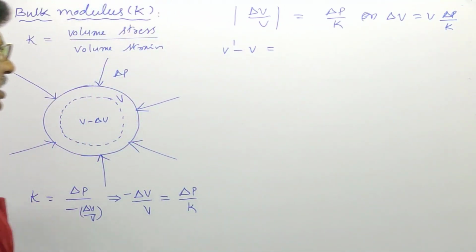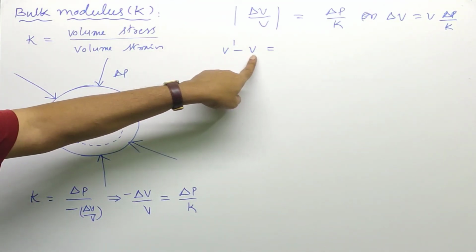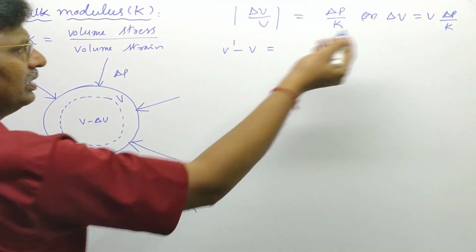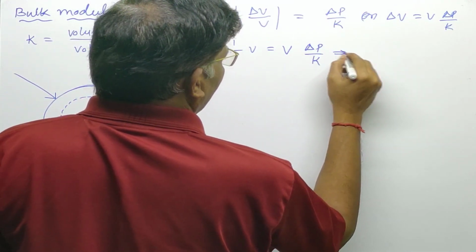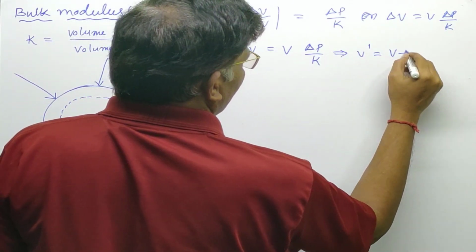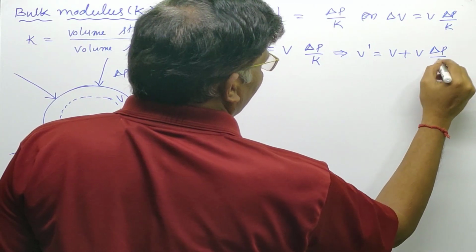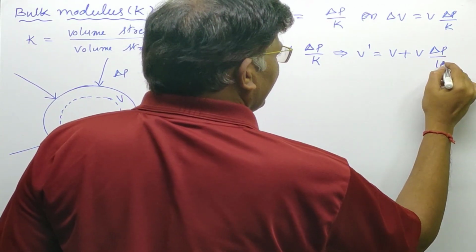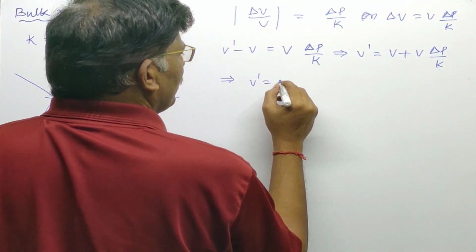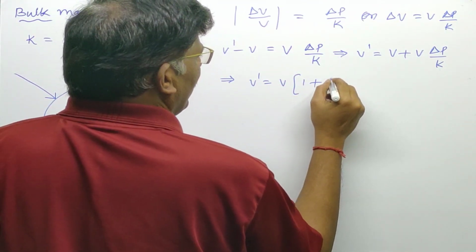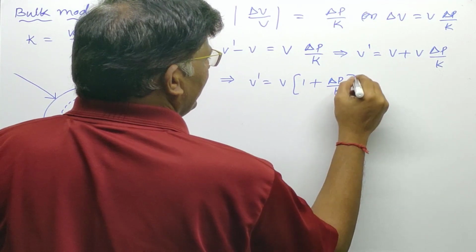Let V dash be the final volume and V the initial volume. That is equal to V into delta P by K, or V dash is equal to V plus V into delta P by K, which implies V dash is equal to V into 1 plus delta P by K.